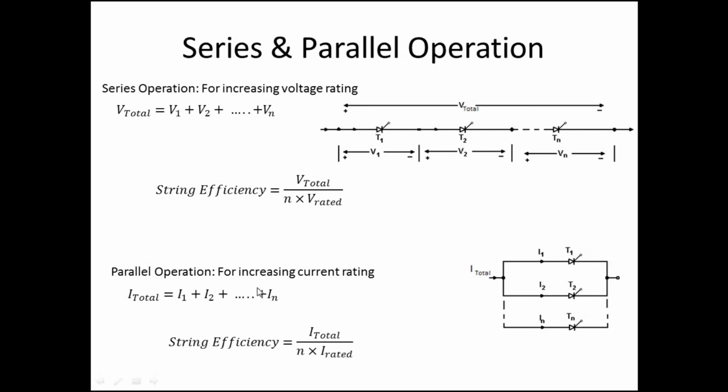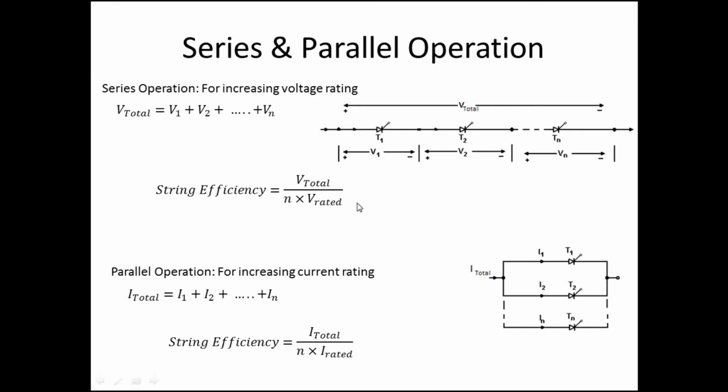Similarly, for current it will be I total divided by N into I rated, where N is the total number of thyristors used and I rated is the rated current of one thyristor. We call this group a string, that is why it is called string efficiency.